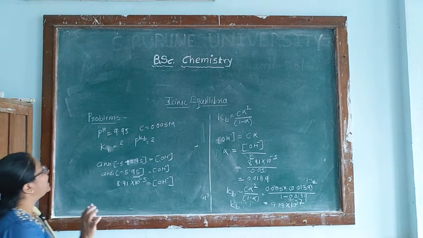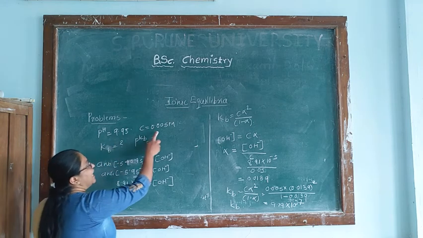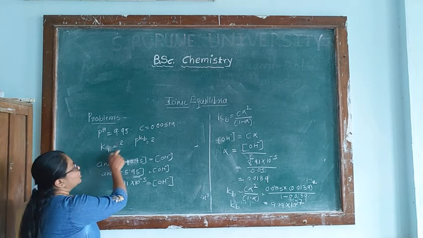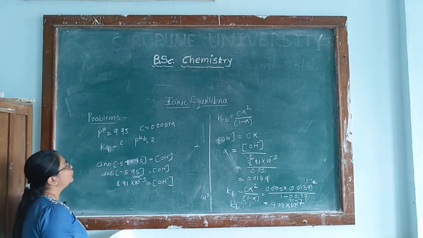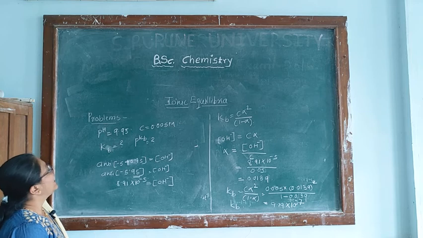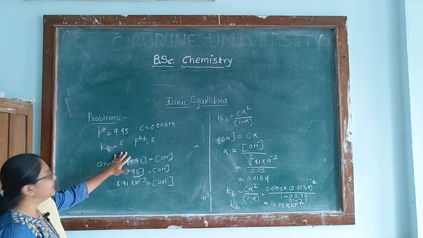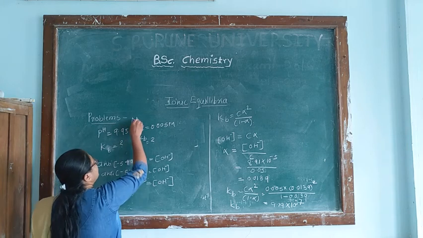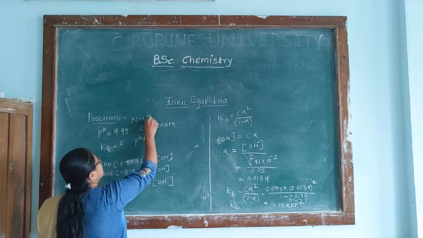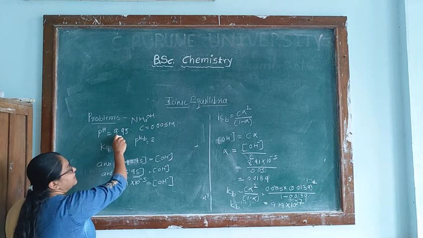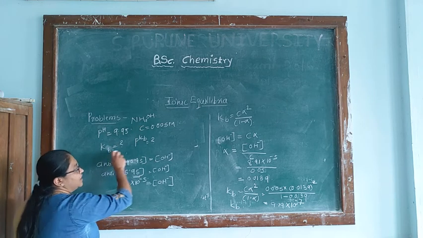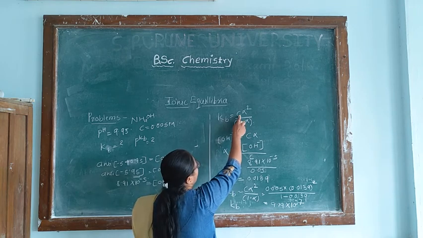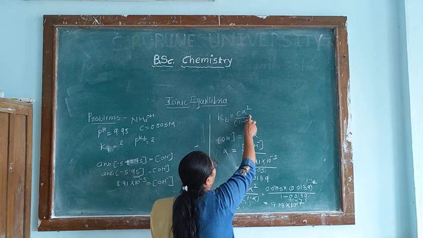See, we had given only the pH and C concentration, and we have asked to calculate ionization constant and pKb. Therefore, what we first do, as this is a base, NH4OH is given in the problem and its pH is given. To calculate Kb, this is the formula. Concentration is given, but we don't know the value of alpha.